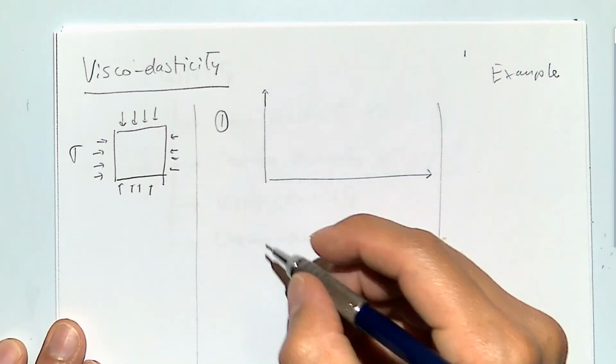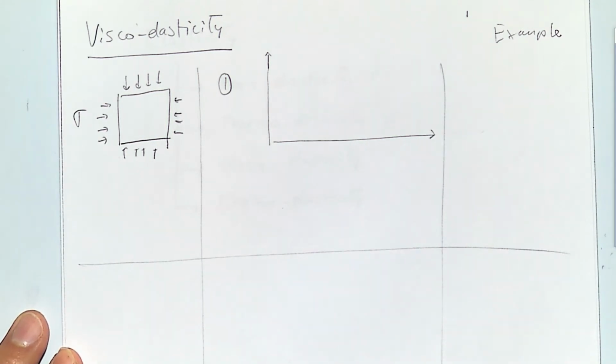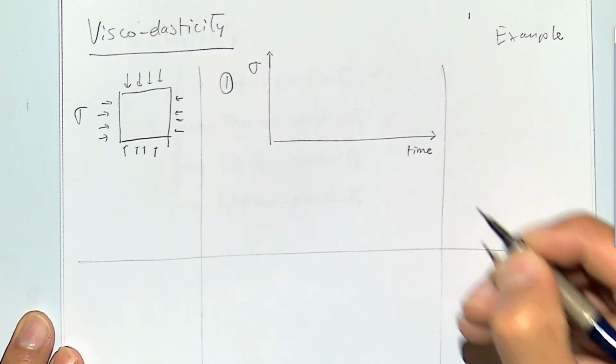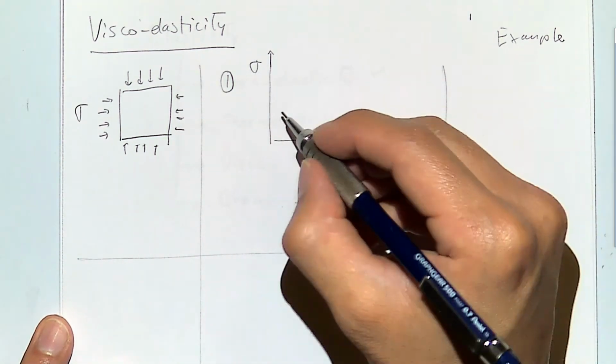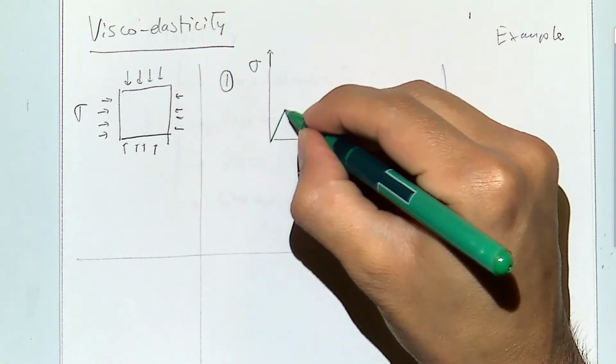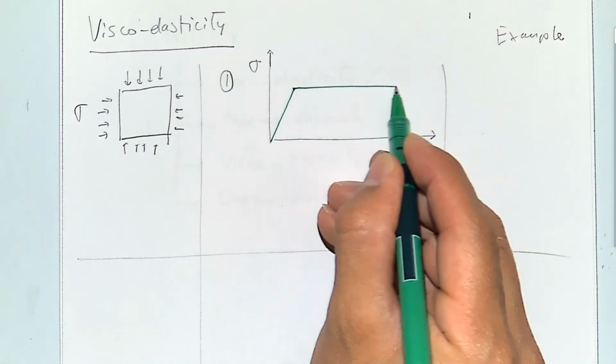And you apply this in such a way, let me also divide this in 3. You apply this in such a way that first you increase your stress up to a point, and then you hold that stress constant.